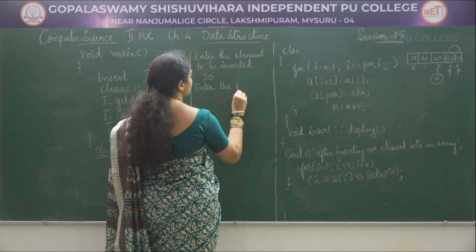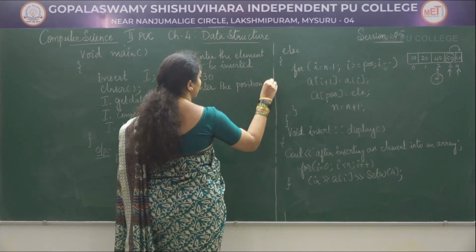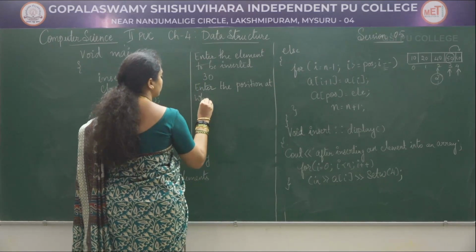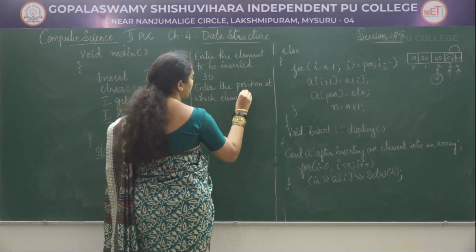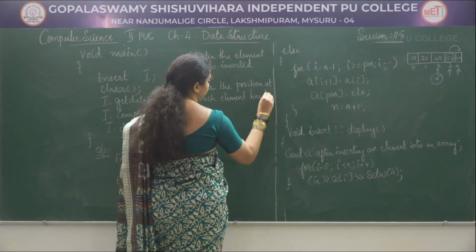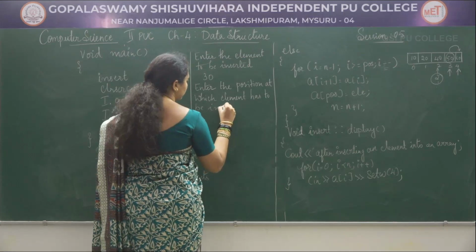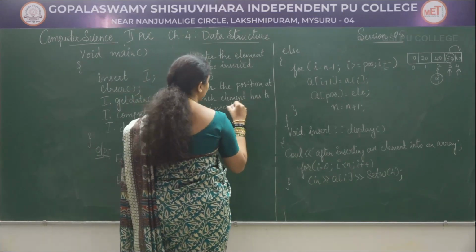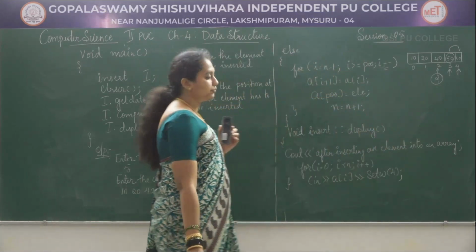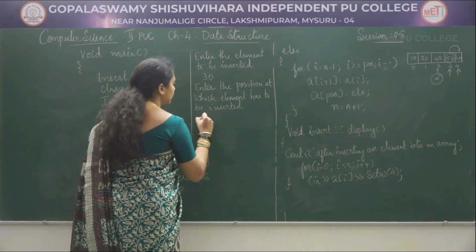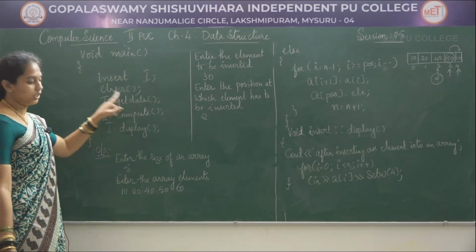Enter the position at which the element has to be inserted. At which position do I want to insert? I want to insert at position 2. So enter 2 here. So this is about the getdata function.